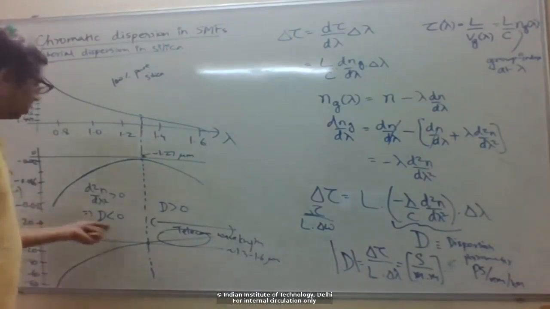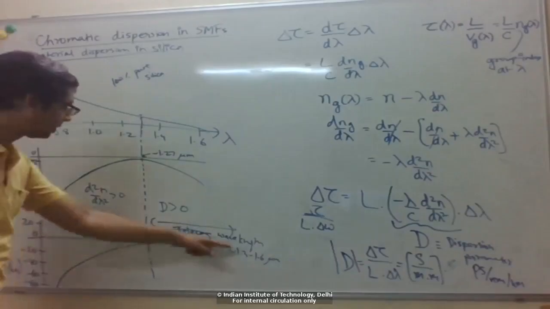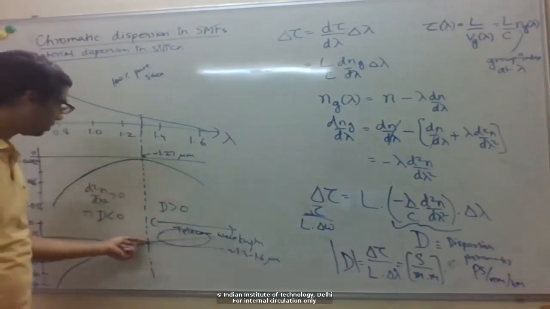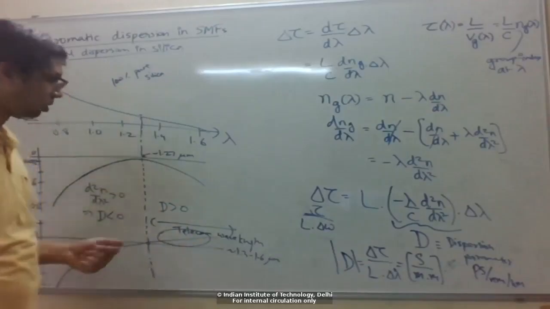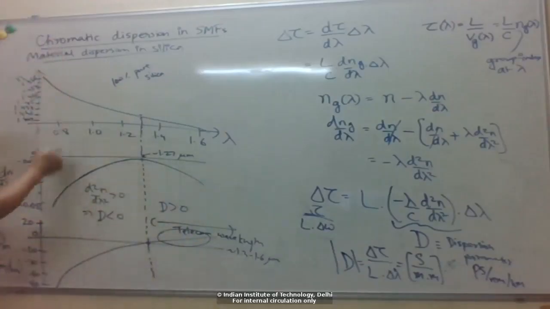And not only is it anomalous, it's crossing 0 right around 1.3 micron, so the dispersion is also very small. For example, if you look at 0.8 micron, the dispersion is quite large.